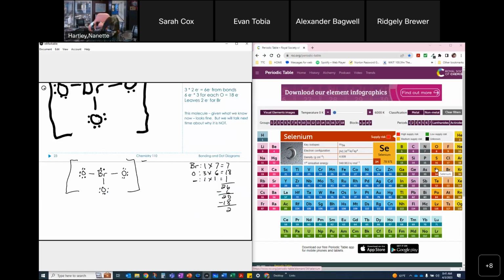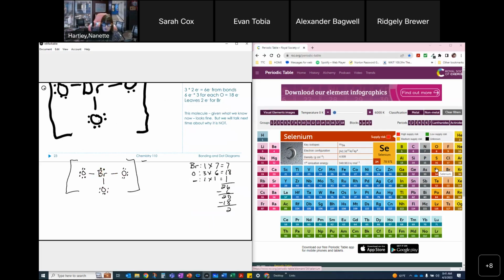Now, if I look at this, I see that each oxygen has access to 8 electrons. There's 2 there, and then the 6 that it has, 2 here, and the 6 from the lone pairs, 2 here, and the 6 from the lone pairs, and then that bromine right there has 2, 4, 6, plus the 2 in the lone pair, which gives me 8.